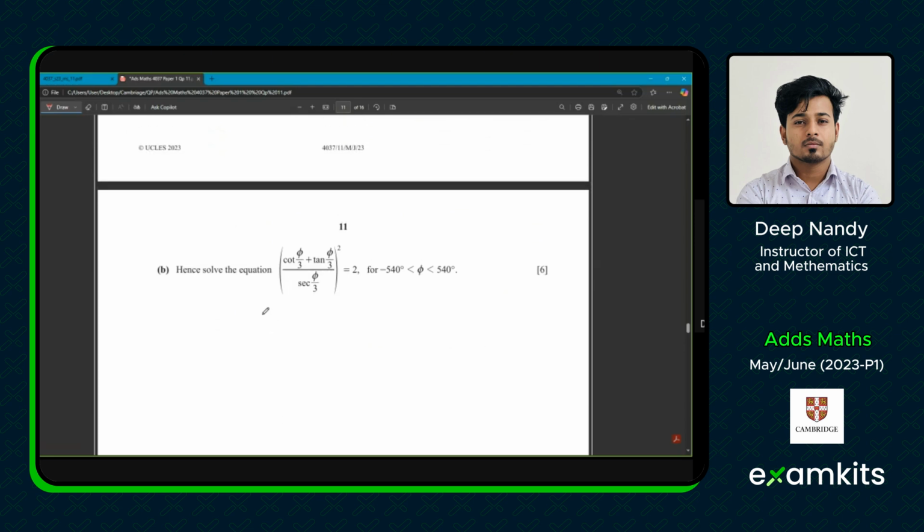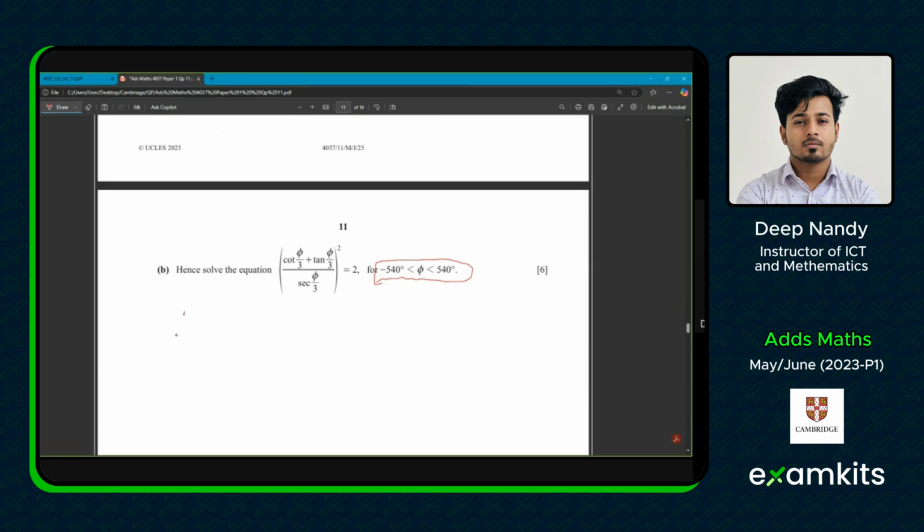Now moving onwards to this. We have been given that cot 5 by 3 plus tan 5 by 3 divided by sec 5 by 3 whole square equals to 2. And the range of values has been given, from minus 540 to 540.